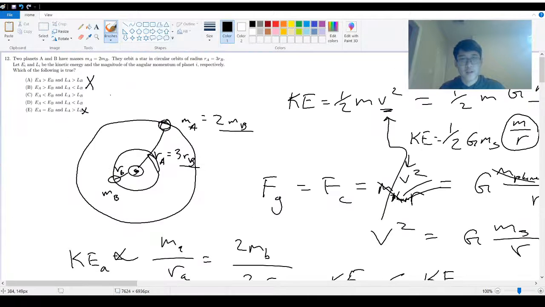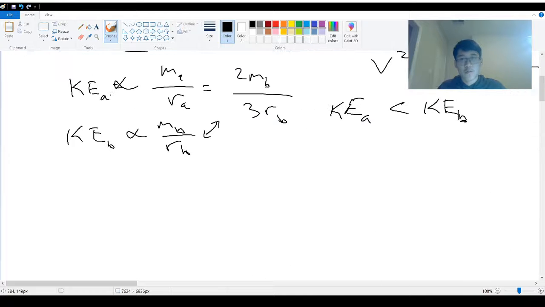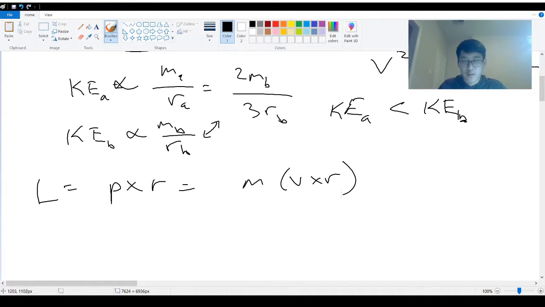So now let's look at the angular momentum. If we remember the equation for angular momentum, there's a couple of equations. One of them is linear momentum times the cross product of the radius, or mv cross r, or is it r cross v or v cross r?